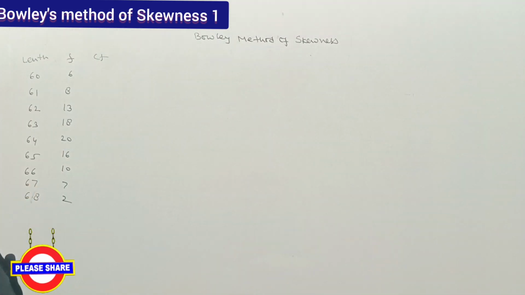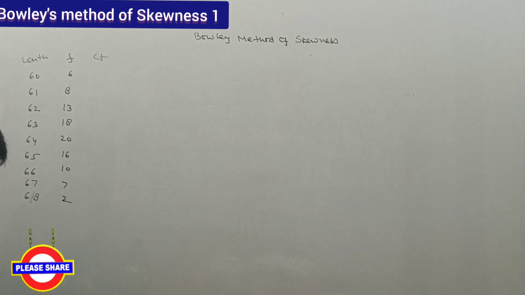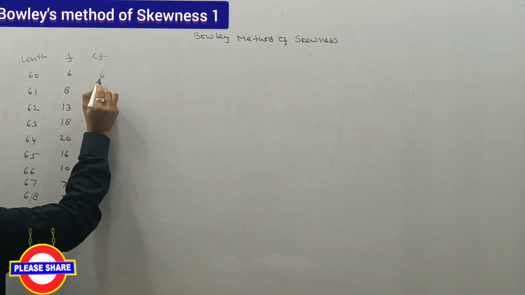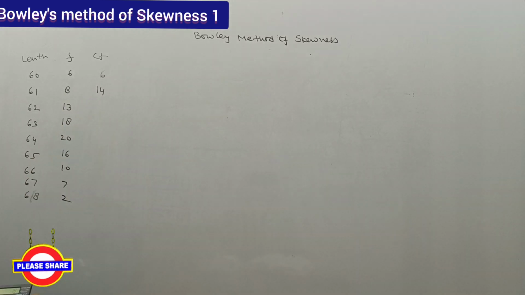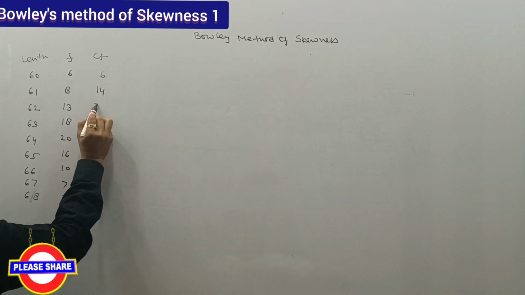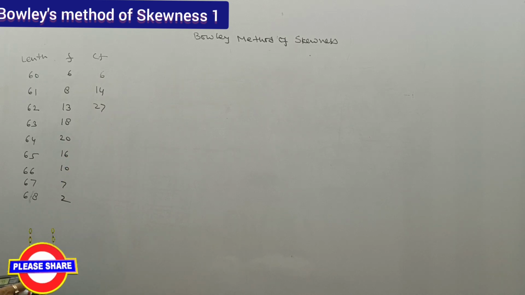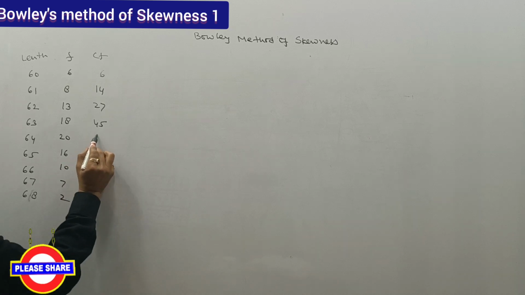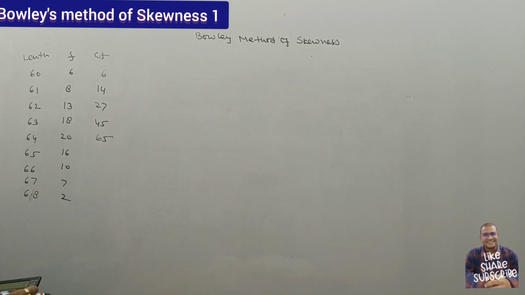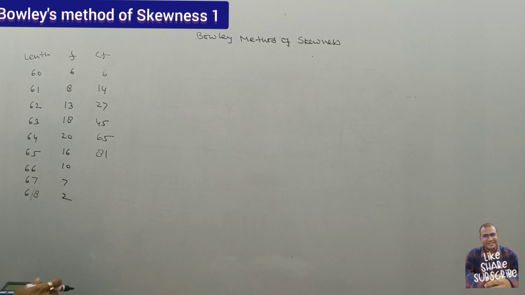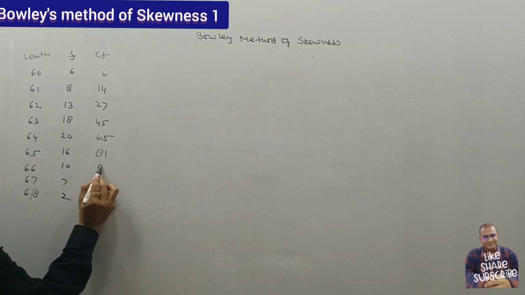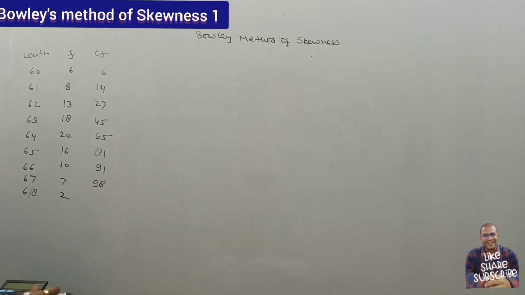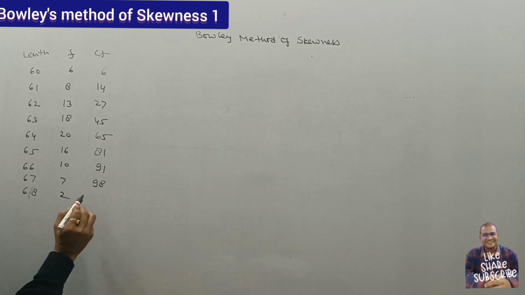So 6, then 6 plus 8 is 14, plus 13 is 27, plus 18 is 45, plus 20 is 65, plus 16 is 81, plus 10 is 91, plus 7 is 98, plus 2 is 100.